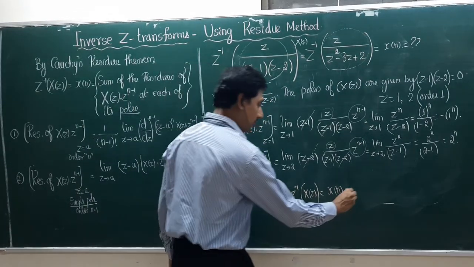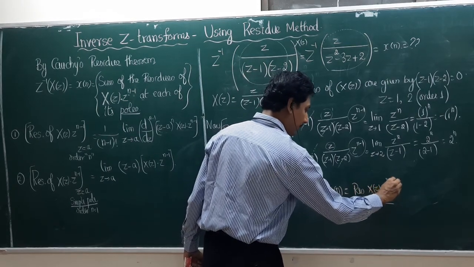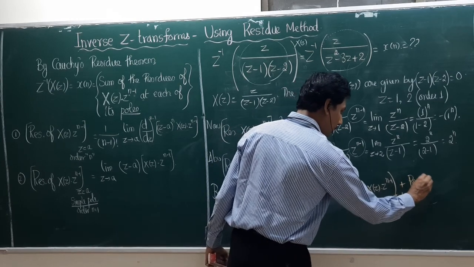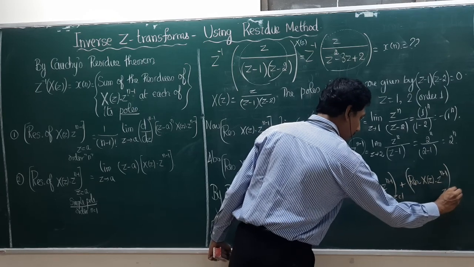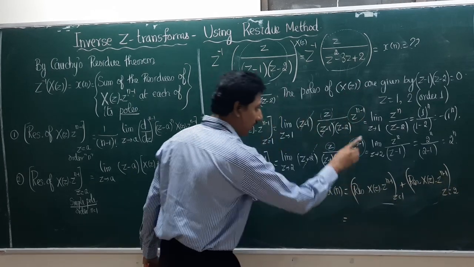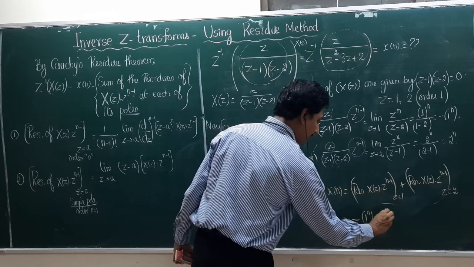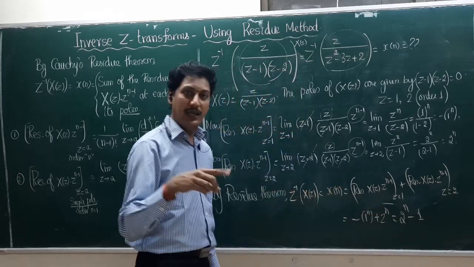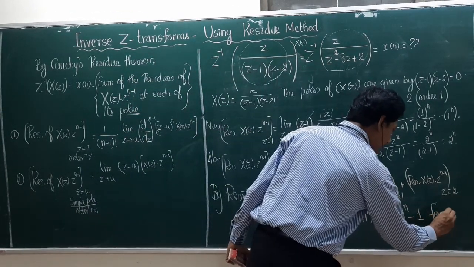So the residue of X(z) z^(n-1) at the pole z equal to 1 plus the residue at the pole z equal to 2. Substituting, we get minus of 1^n plus 2^n, otherwise 2^n minus 1, because 1^n for n equal to 0, 1, 2, 3 is only 1. So this is the direct answer.